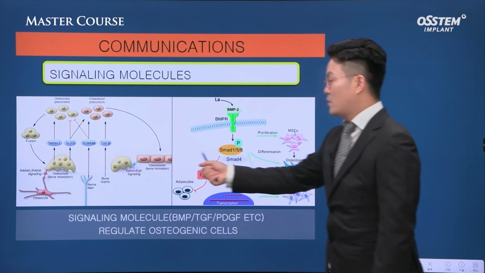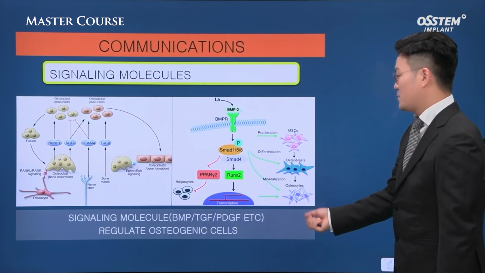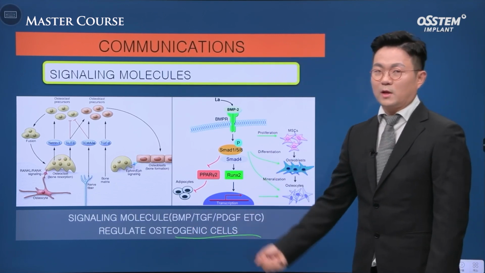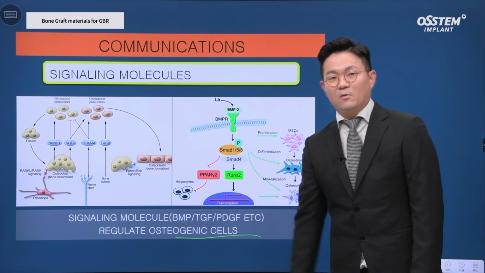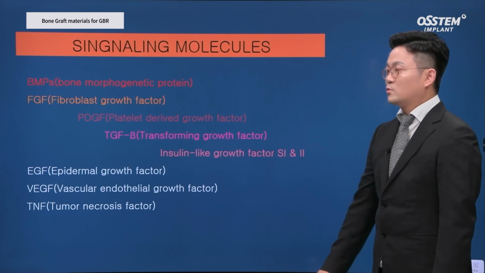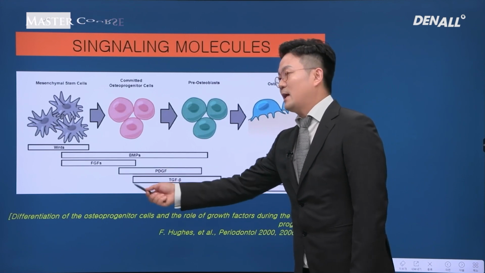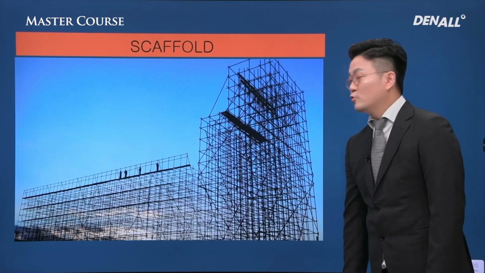There are so many various molecules involved, and the molecules TGF and PDGF regulate osteogenic cells to form and remodel bone. There are many different types of signaling molecules, and they work in different time periods.